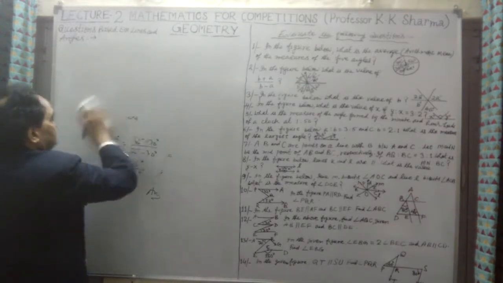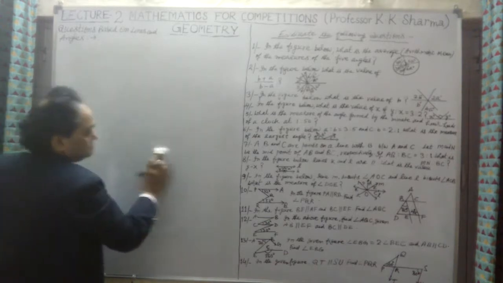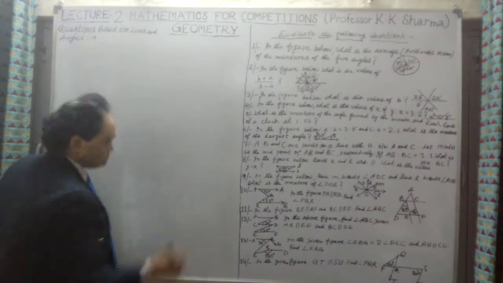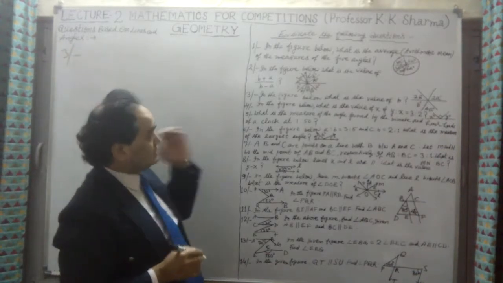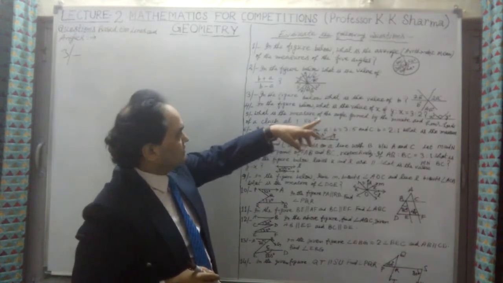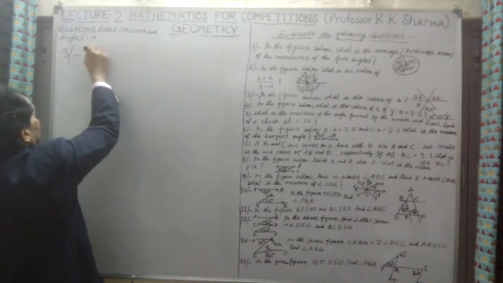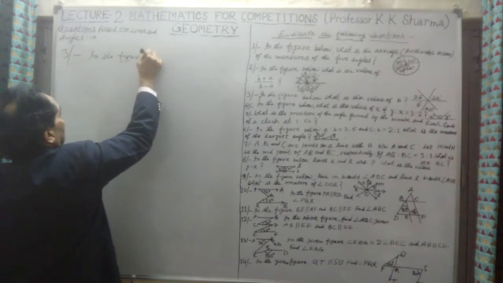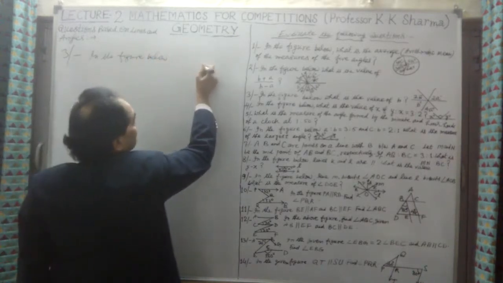Now question number 3. What is question number 3? Let us talk about it. In the figure below, that figure is there. What is the value of b? Here is the figure below.